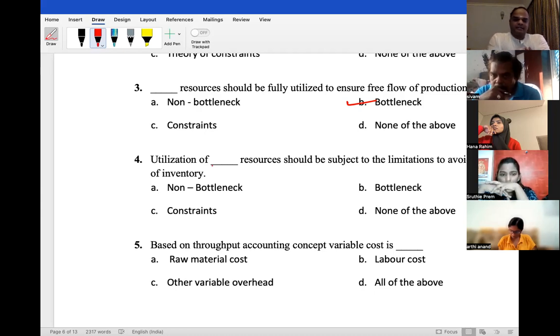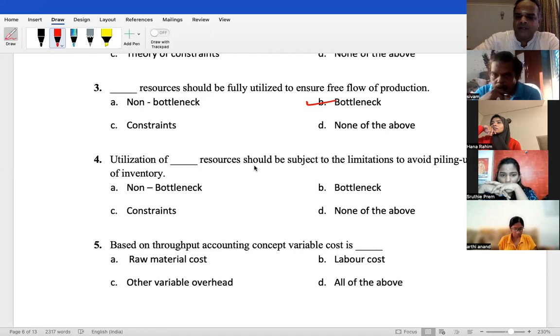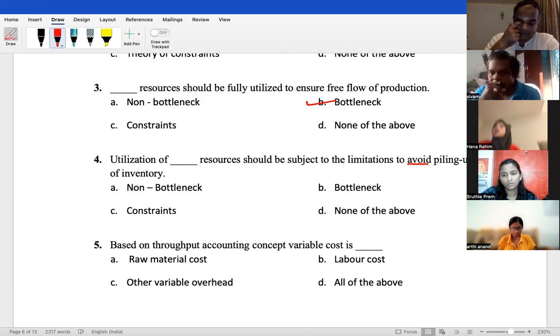Therefore, what would the answer be here? A, non-bottleneck. Why? What is the meaning of this sentence? Avoid is there, no? To avoid piling up. Subject to limitations is also there, no? Oh, that's the double condition. So it will be A only, no?